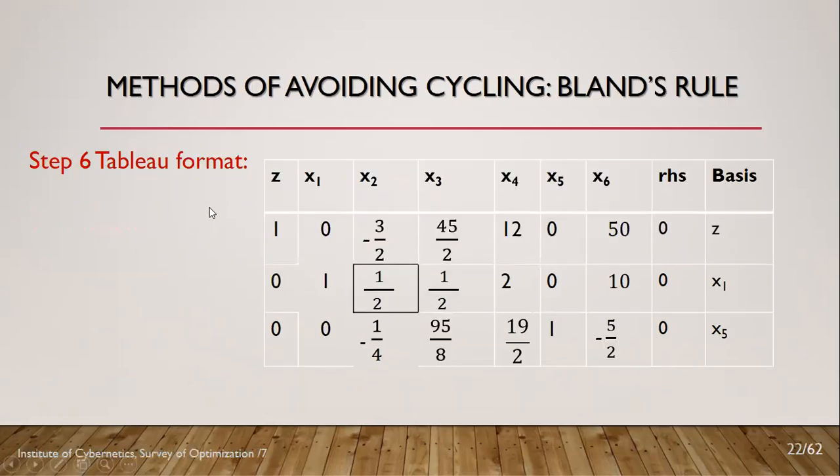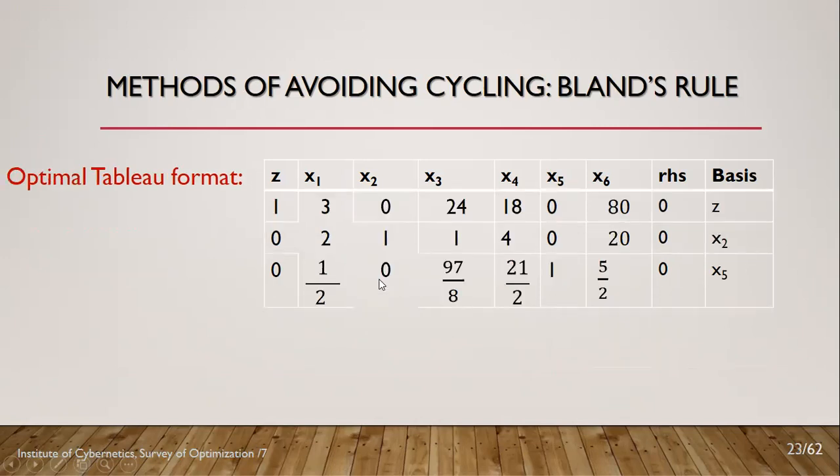Here we have only one candidate for the entering variable, it is this one, and only one candidate for the leaving variable, it is this one, x sub 1. So x sub 2 is entering, and x sub 1 is the leaving variable.